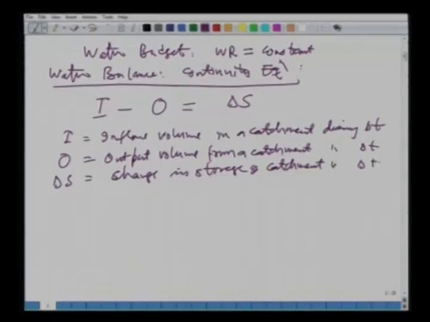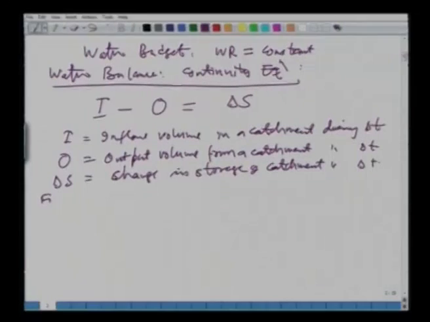Now, this equation can be applied to any small component of a hydrologic cycle. For example, we can apply this to the whole catchment, or to a small reservoir or dam, or to underground water or any different parts of the hydrologic cycle.